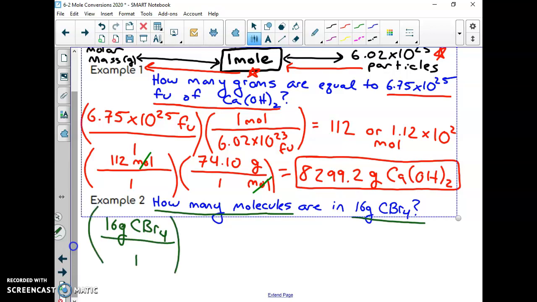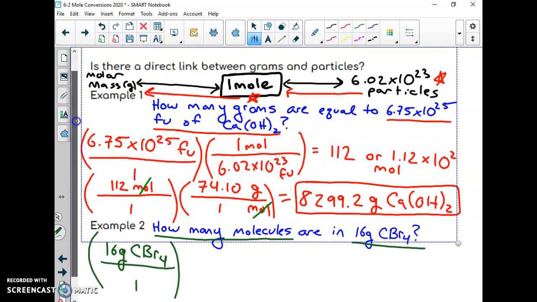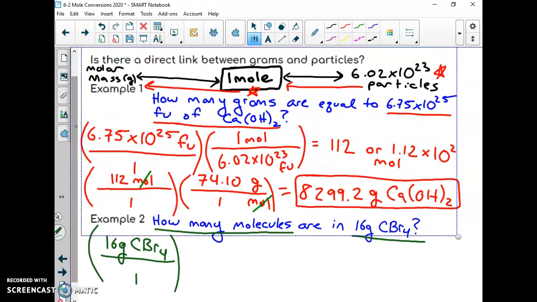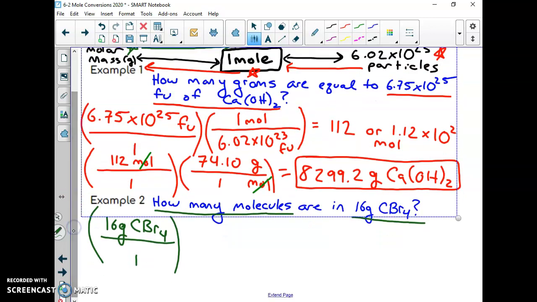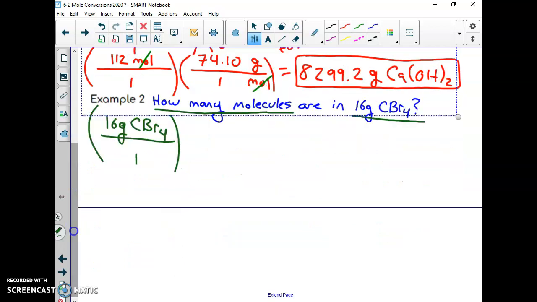And let's take a look back at our little continuum here. Now we're starting with grams. We're starting not on the right, but on the left side this time. And so molar mass is going to be more useful in that first step to get us to moles. So let's do that. We'll go from grams to moles. We'll use molar mass. Grams will have to cancel, so that goes on the bottom.